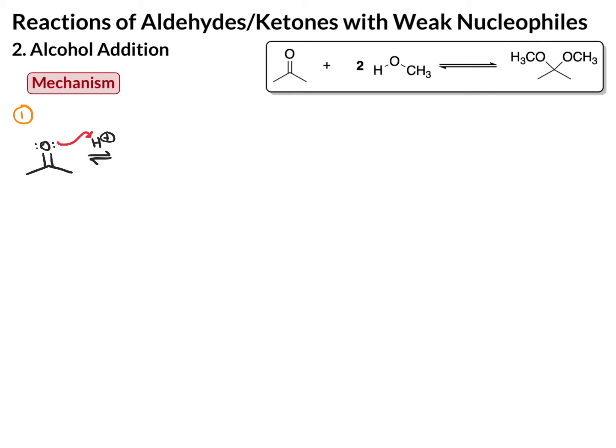And I'm going to say this again, and I'll probably say it 50 times: anytime you have a carbonyl and acid, always protonate the carbonyl oxygen first. Now we have the activated carbonyl, and that means it's extra reactive.